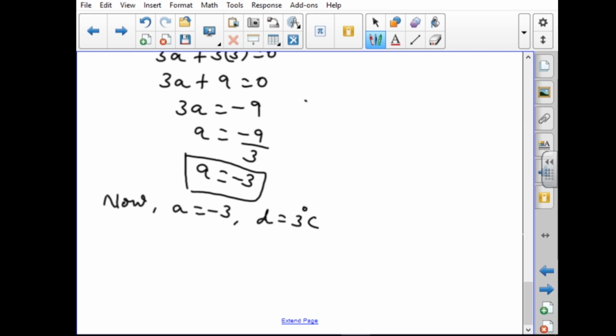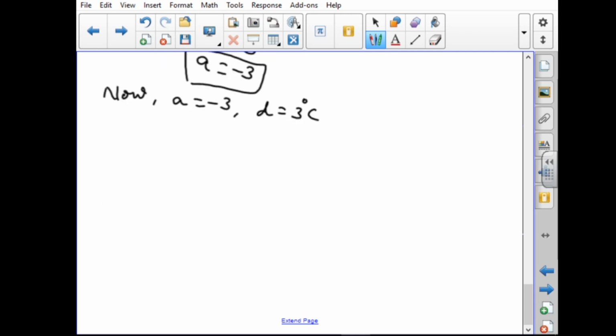Now we have to substitute the values. We assume term 1 is T1 equal to small a. So small a is minus 3.